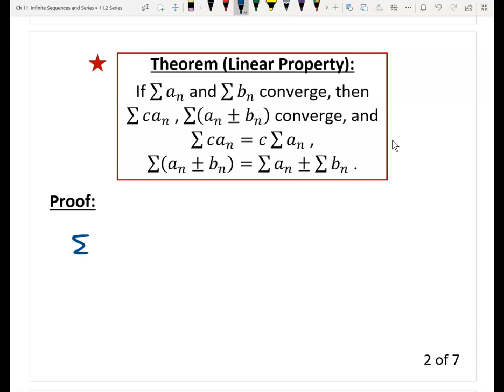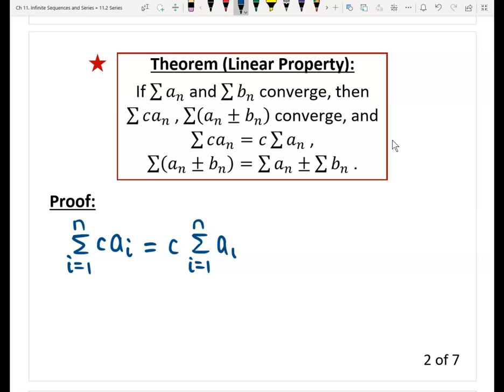You can see the c times a_n, I change to a_i, because I want to take i from the first term to the nth term. You can see this is Sn, right? This is the partial sum. We need to show that the limit of this exists, therefore the series converges. What is this? It's easy, we learned that before. This is just factoring c out. Therefore, we have this.